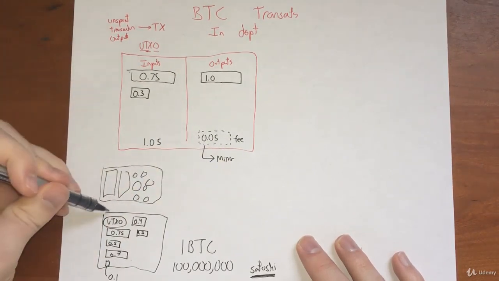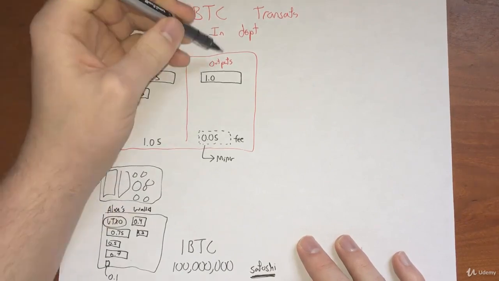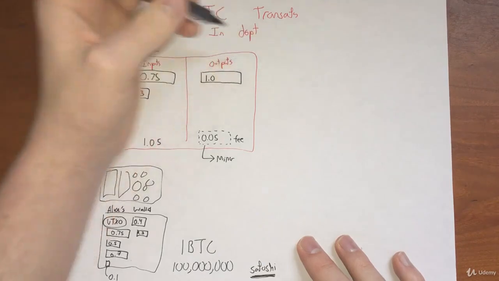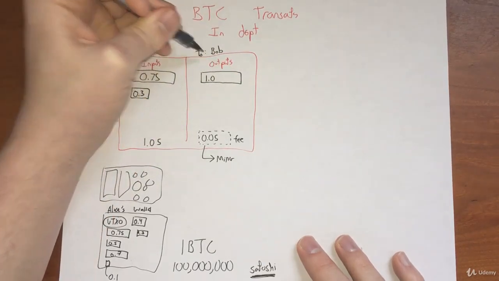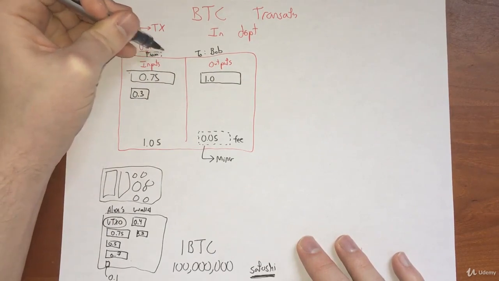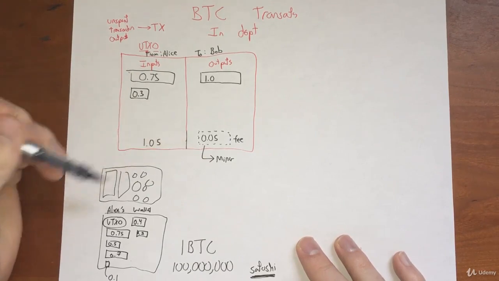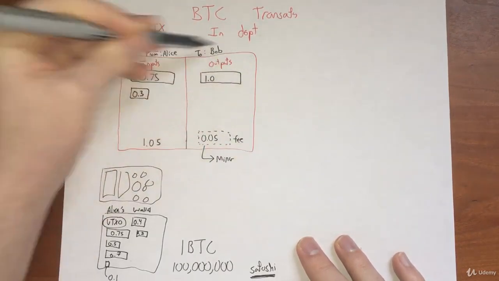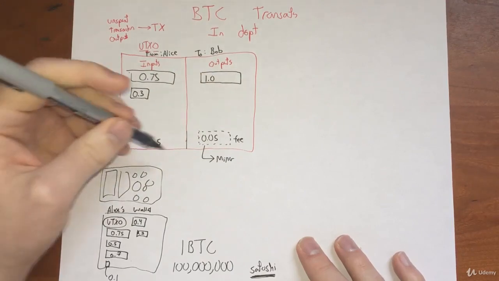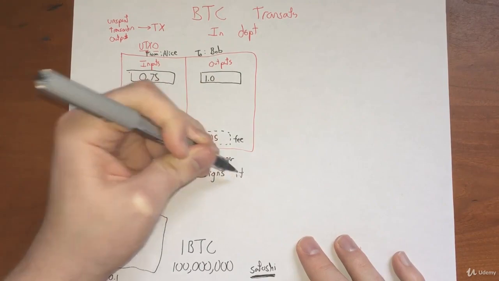So this is Alice's wallet, and she's sending this to Bob. And what Alice does is she writes up this transaction, and then she signs it using her digital signature.